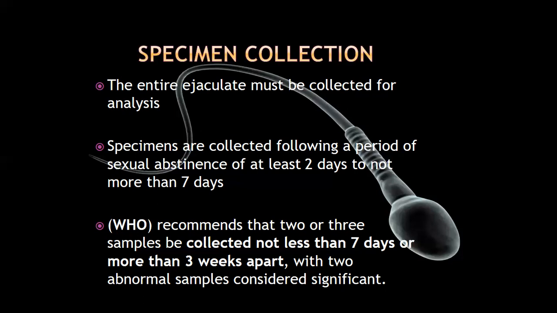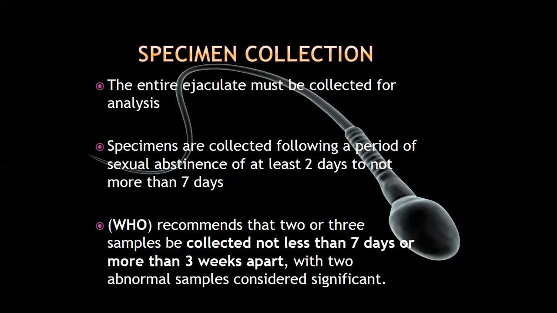That's why you need at least 2 days. Now, why not more than 7 days? It's because this will give us an increased fluid volume, which will cause a longer time for liquefaction and impede sperm motility, giving us false results in semen analysis. That's why the recommended period of sexual abstinence is at least 2 days to not more than 7 days.